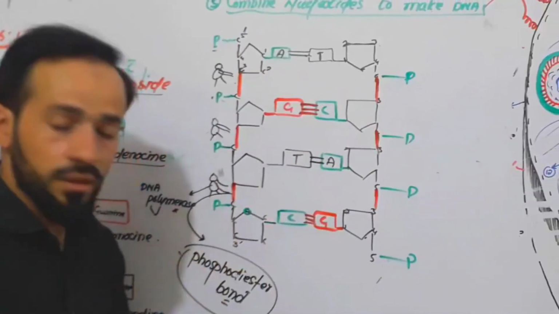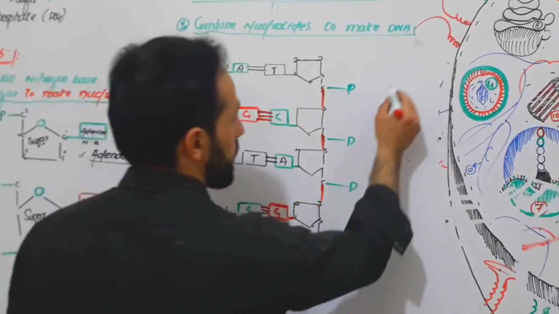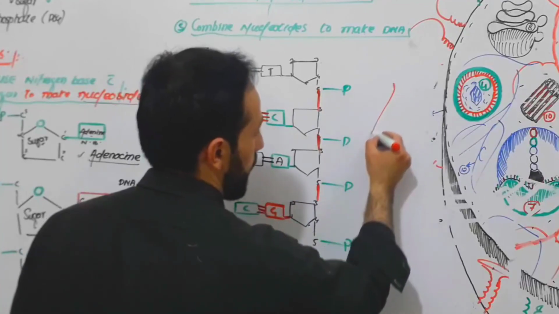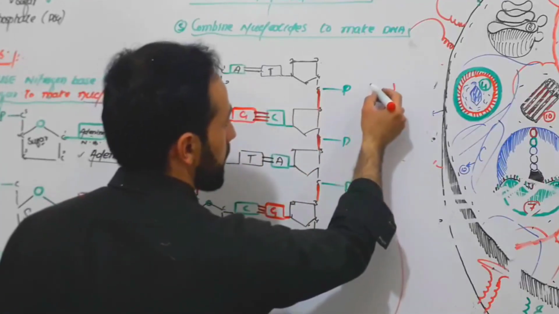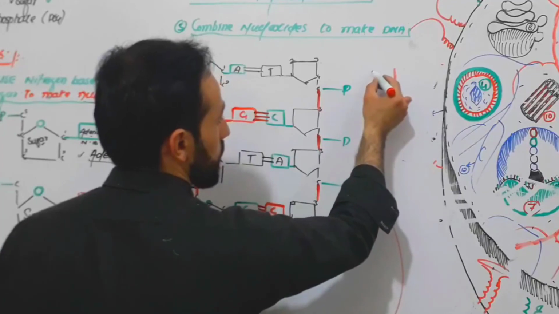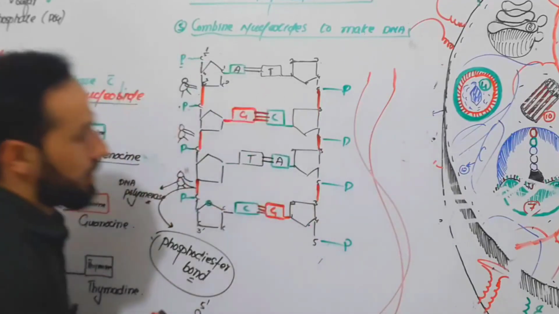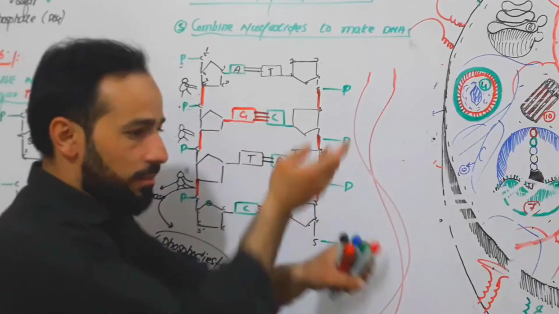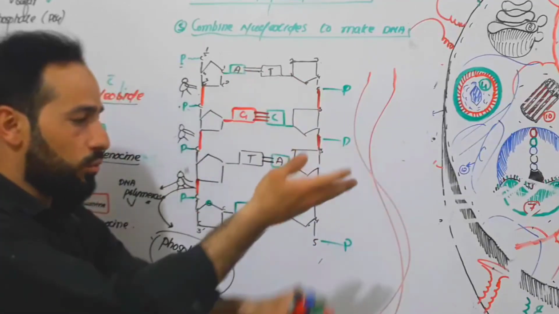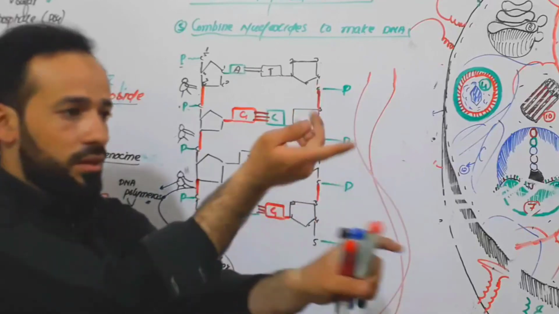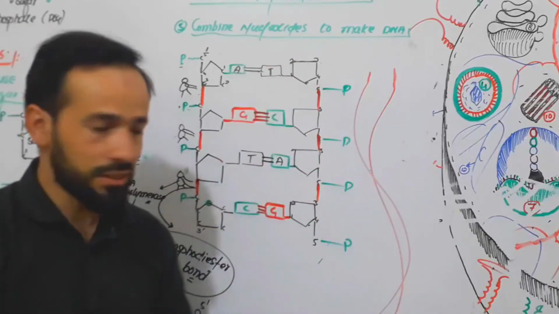The DNA is a coiled structure like this. So both of the strands are wrapped around each other.